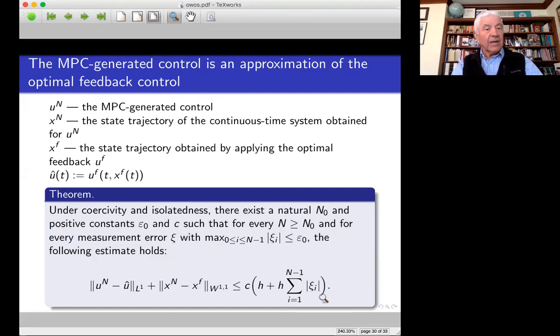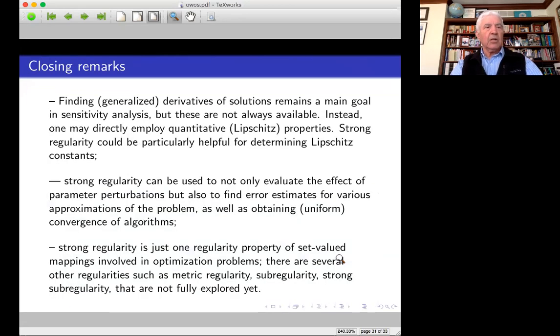So we have an error estimate of how good the approximation represented by model predictive control is relative to the optimal feedback control. So we know that if h is small and if the error is small, we can nicely approach the optimal feedback control.